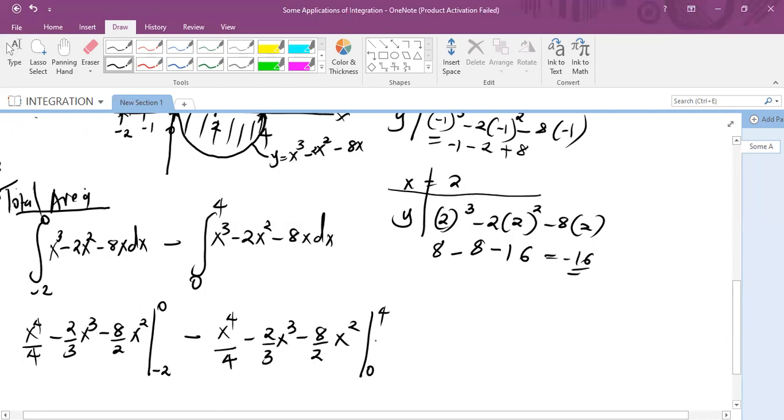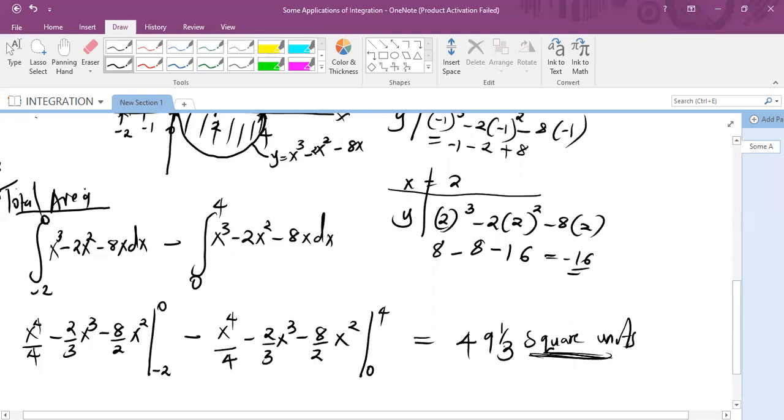Then we evaluate that and get our answer. Evaluating that correctly, we should be able to get that this is equal to 49 1/3 square units, because we are looking for areas. So area is basically units squared.